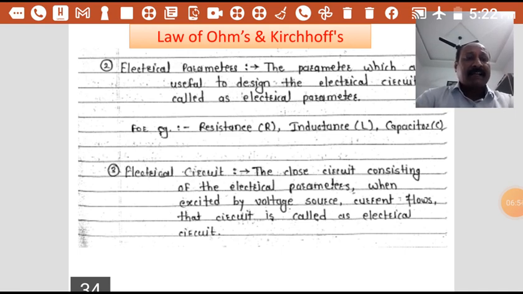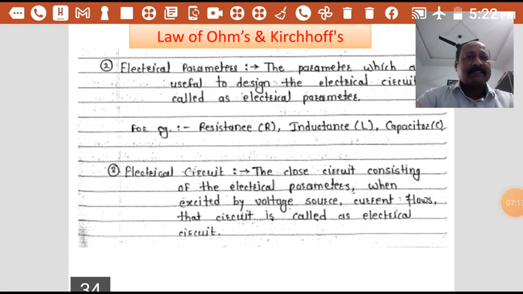Sometimes the circuit may be an RC circuit, meaning the resistances and capacitances are connected. Sometimes the circuit may be an LC circuit, meaning it consists of inductances and capacitances.